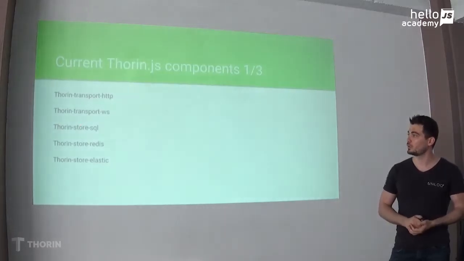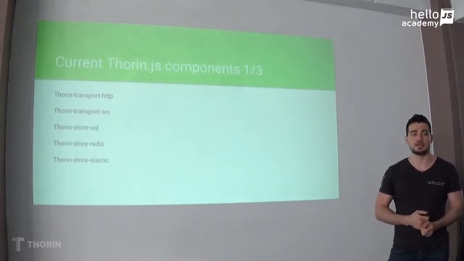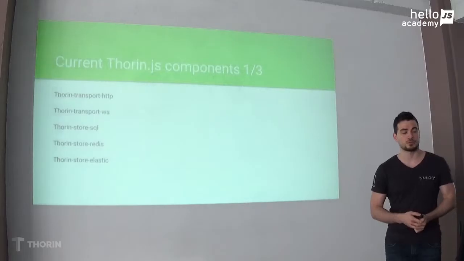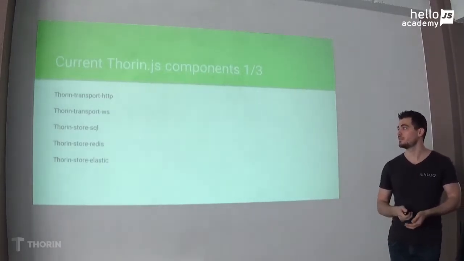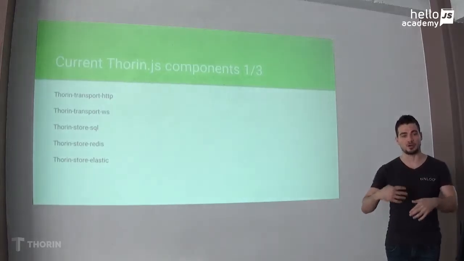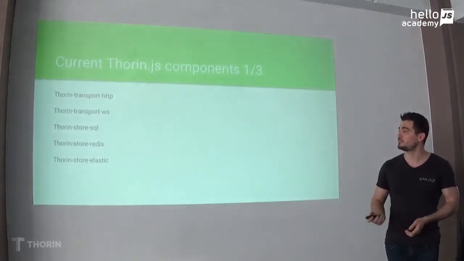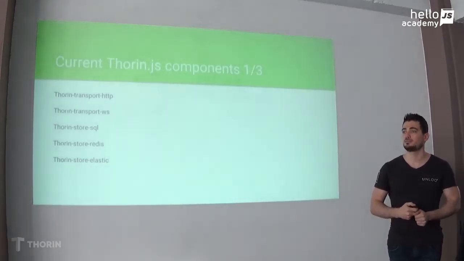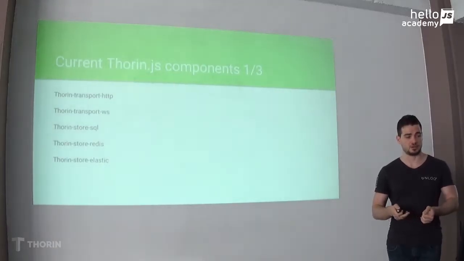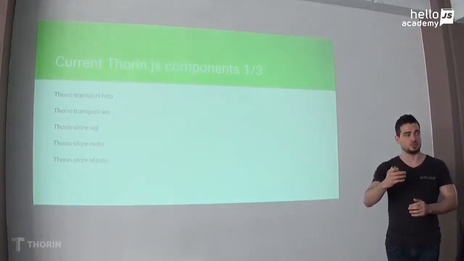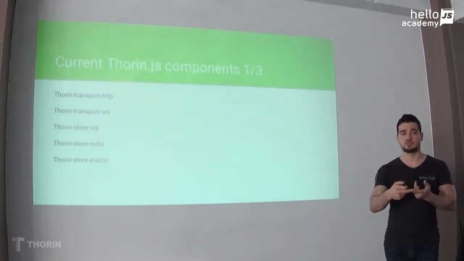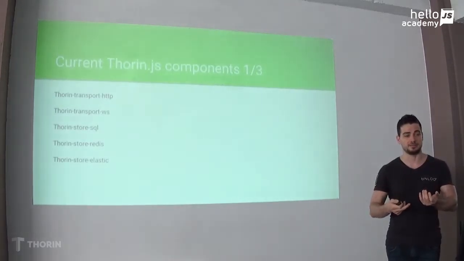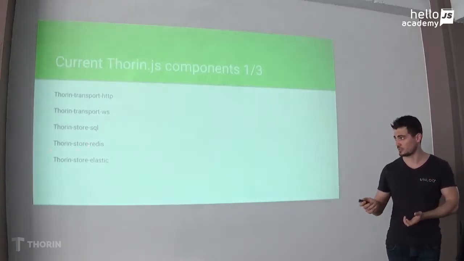The StoreSQL one uses Sequelize to create your database models, and it basically abstracts away all the model loading and has some nifty things such as you give it a model and based on the properties of the model it will actually generate an action, and you can generate a CRUD, create, read, update, delete, and find action just using this store.